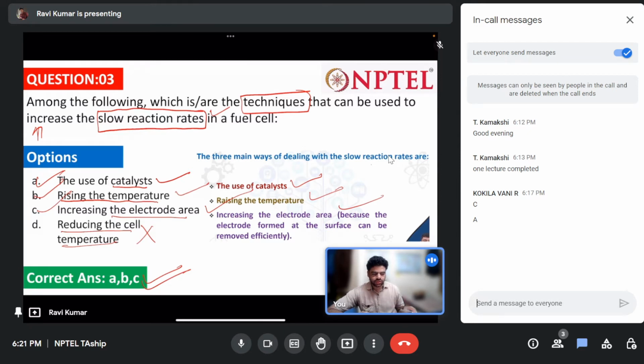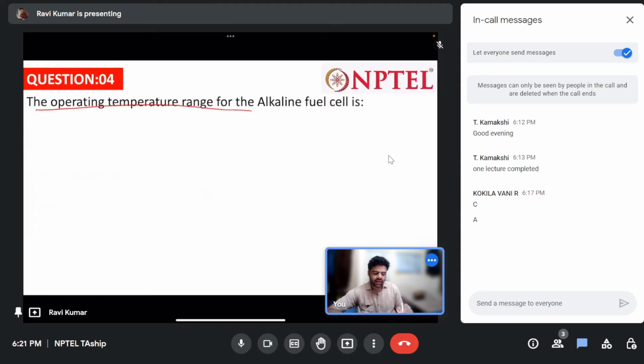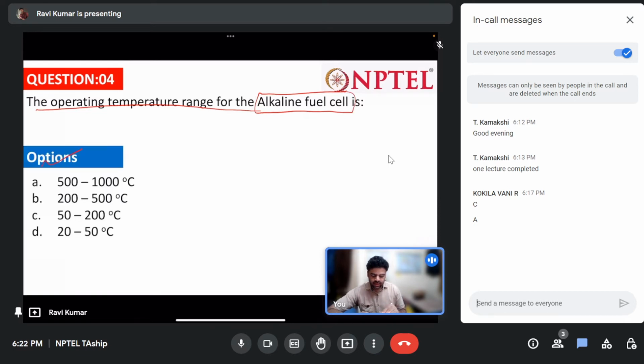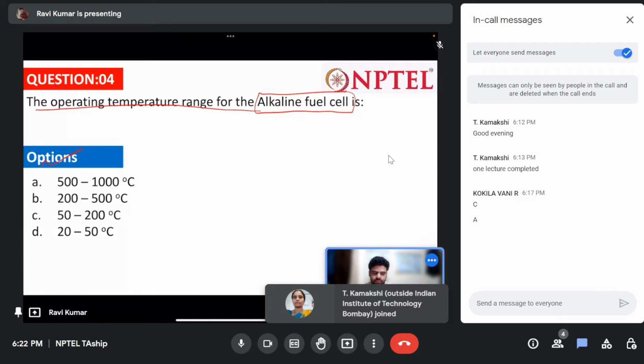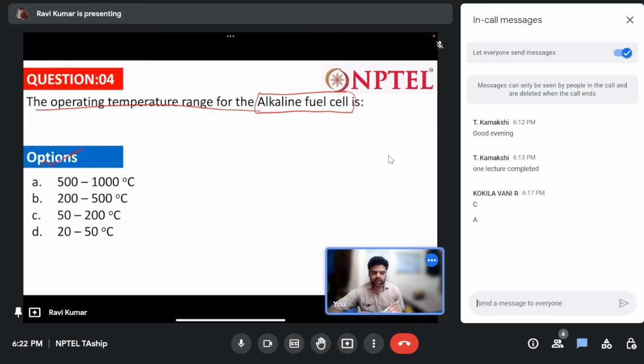Let's move to the next question, which says the operating temperature range for alkaline fuel cell. Do you have any idea in what range an alkaline fuel cell works? Any idea?